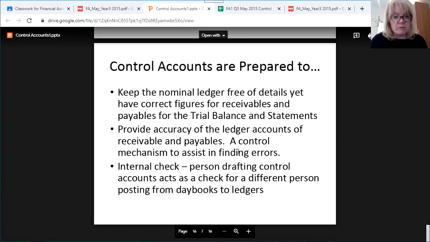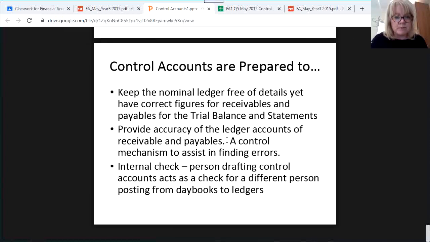So control accounts are prepared to keep the nominal ledger free of detail. The control account is an umbrella of the overall payables in this instance, and it helps with accuracy and finding errors. And checking the control account against the individual listings of payables helps to form an internal checking mechanism.